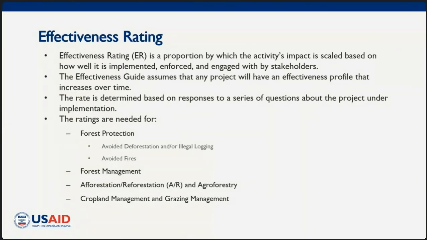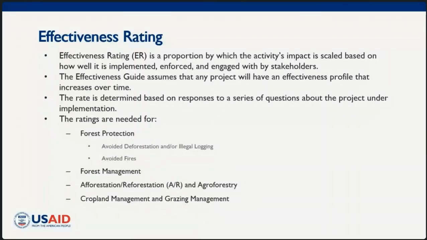I will just talk a bit about effectiveness ratings, and this is probably one of the first questions that you are asked when you start to run the AFOLU tool. The first question is, what is the effectiveness rating? It could be for any of the activities that Jess has just described, whether forest protection, forest management, afforestation, reforestation, agroforestry, or crop management.